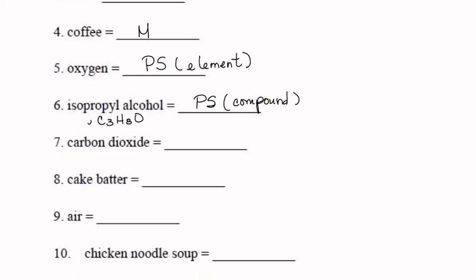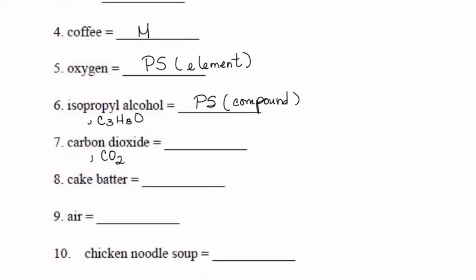This is only going to happen for the compounds that I know you guys don't know their chemical formula yet, because by the time first exam comes, we are barely going to start naming compounds. So if it's something that we have discussed in class, then I'm going to be assuming that you guys know the chemical formula. For other things like isopropyl alcohol, no. But for example, for number 7, carbon dioxide, which came up in the Kahoot quiz that we did on Tuesday, this is CO2.